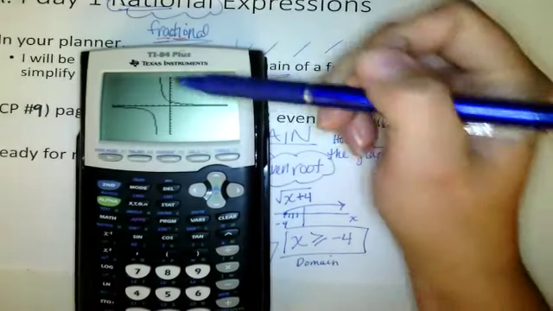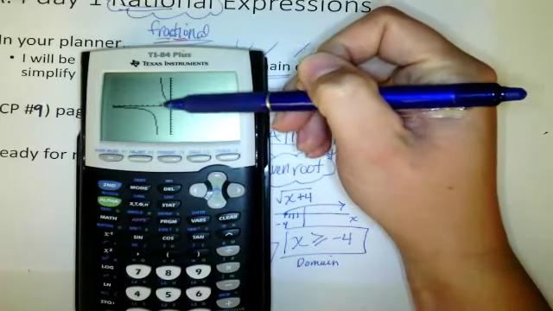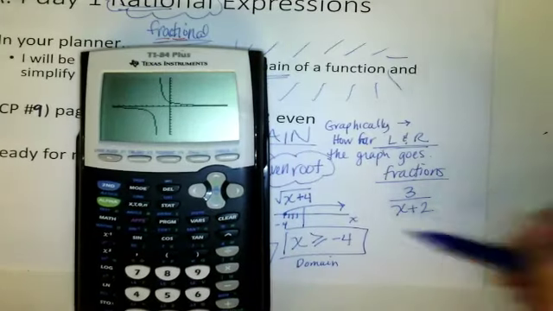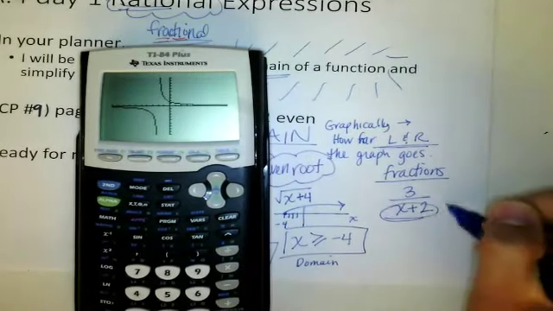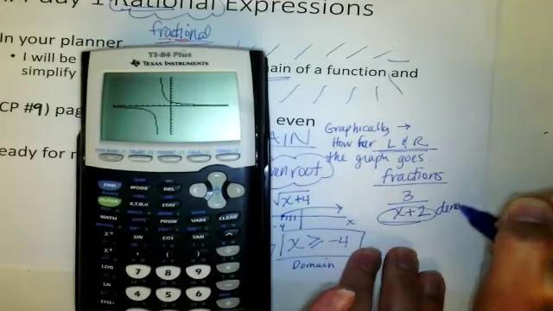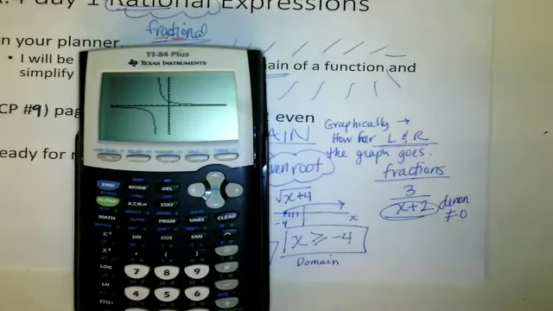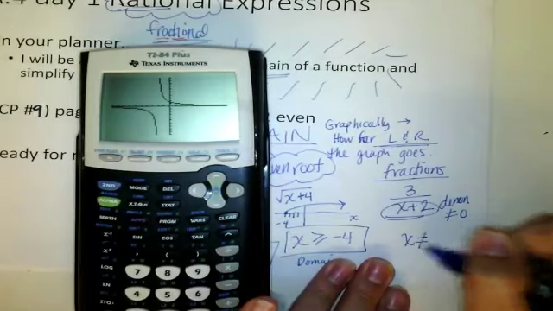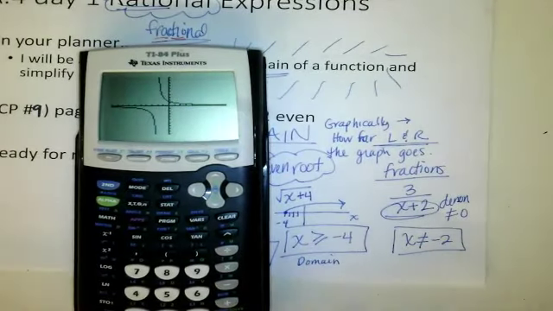When this happens, right here, it's happening at -2. And where do you think that comes from in this function? The denominator, yeah, denominators cannot equal 0. And what happens is when x is not allowed to be -2, every other number works.